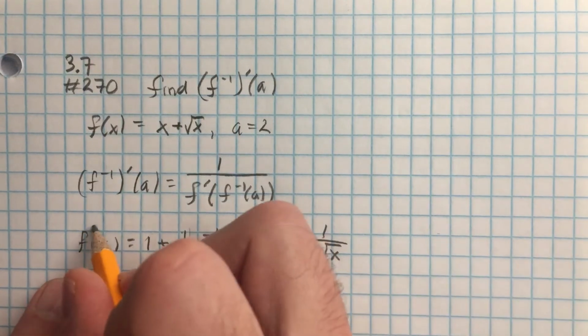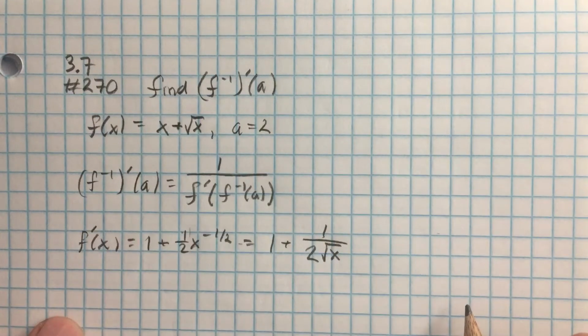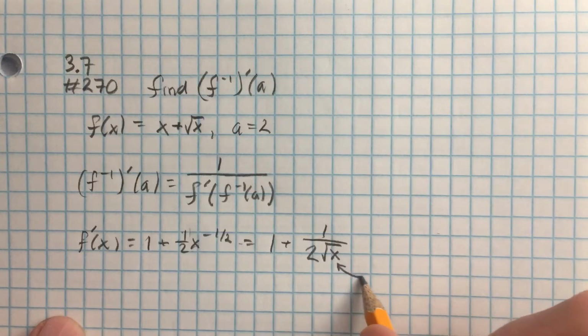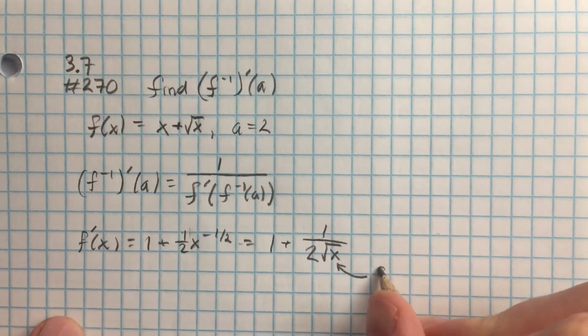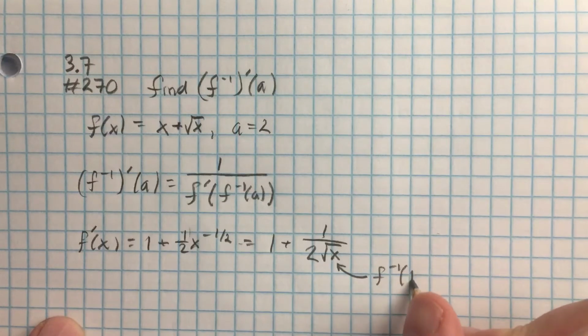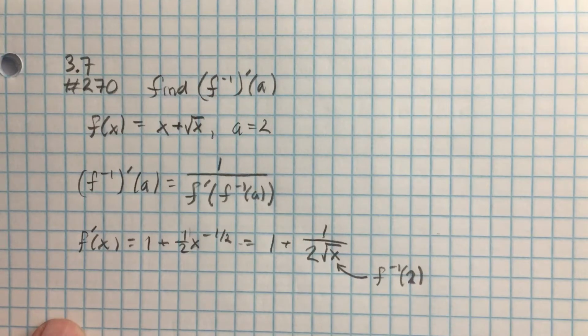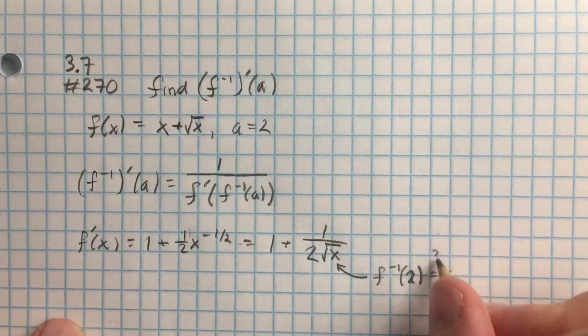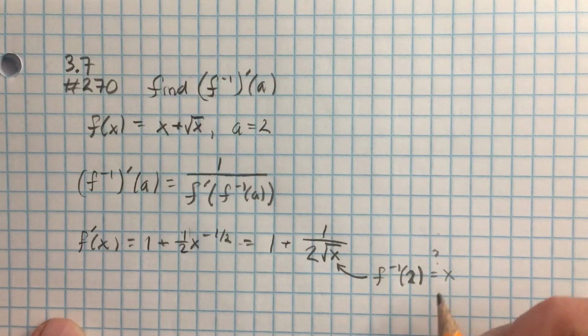So there's our derivative. And now we just need to plug in here, and for x, we need to plug in f inverse of 2. So to get f inverse of 2, what is that mystery x value that f inverse of 2 is?